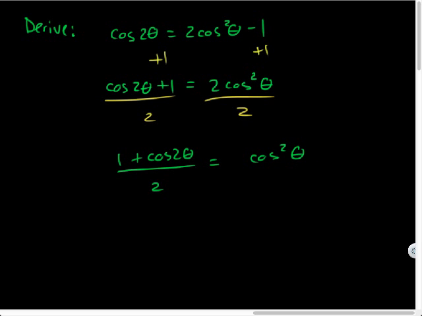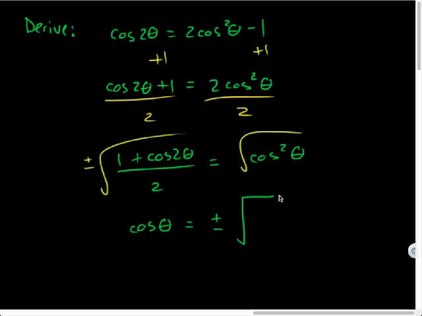And what would I do to both sides here? Root both sides. Plus or minus over here, don't forget it. And I end up getting that cos theta is equal to plus or minus the square root of 1 plus cos 2 theta all over 2.